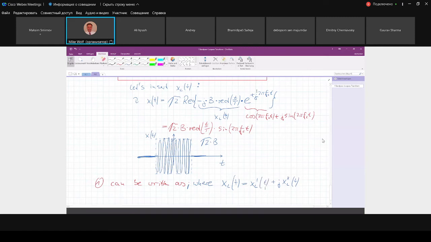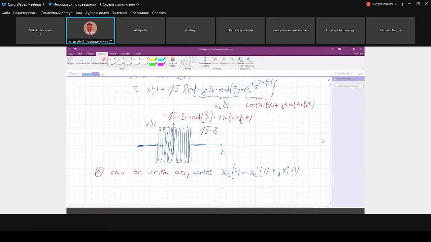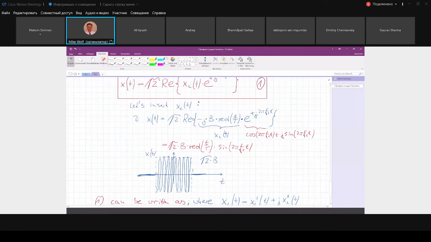Then we use here e to the power of plus j omega_c t. This can be decomposed into cosine of omega_c t plus j times sine omega_c t, right? Instead of this, we can use cosine plus j times sine. Now we take a look at this expression, here in 1.